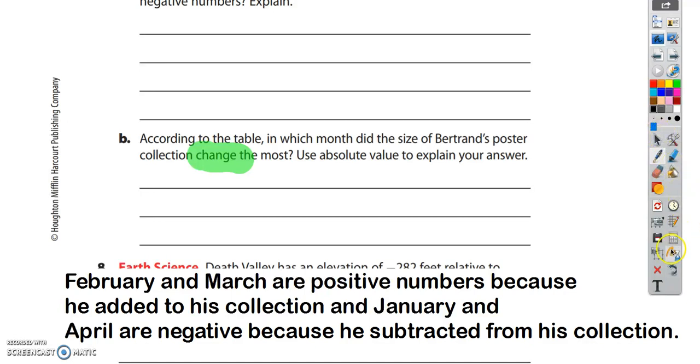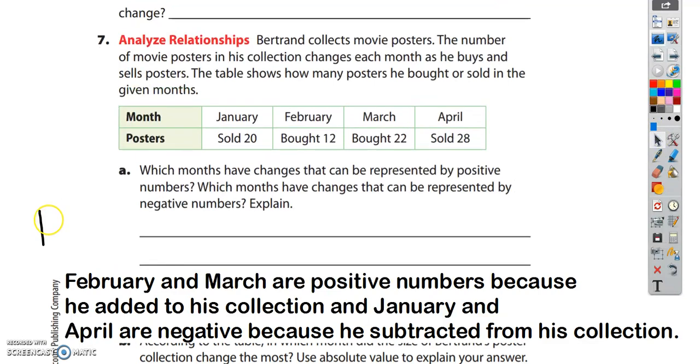I think what I need to do here is go back up to the table. It doesn't matter if it's positive or negative, but how much did his collection change in January? It changed by 20. It was positive, but it doesn't matter. It changed by 20. How much did it change in February? By 12. How much did it change in March? By 22. How much did it change in April? By 28. That's the greatest number there.